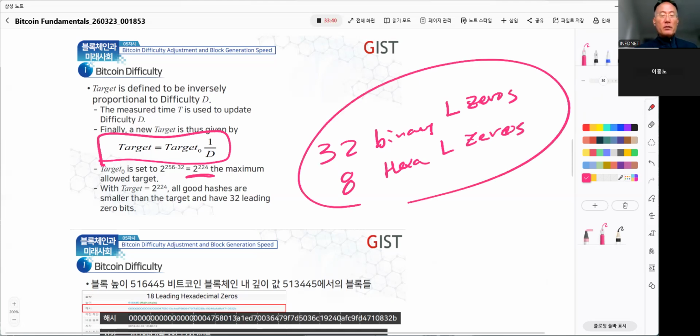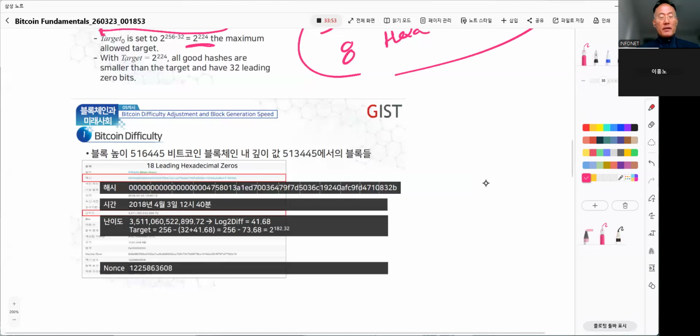So that is the initial target difficulty. Satoshi Nakamoto used this one. Ever since, it has been getting more difficult.